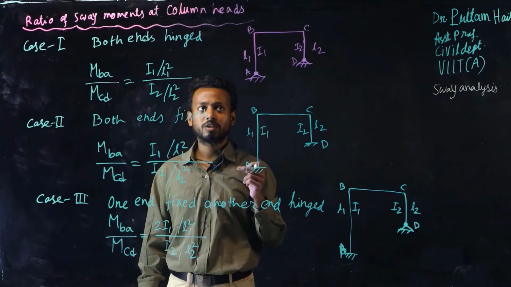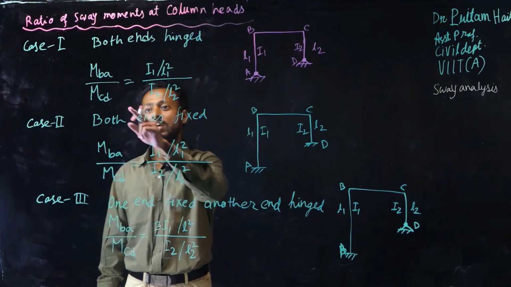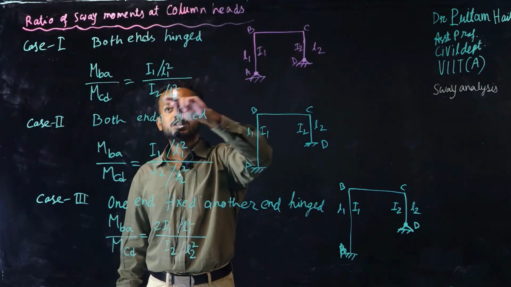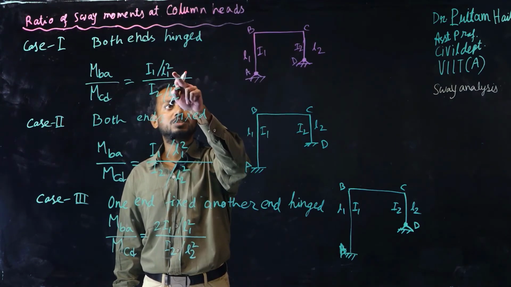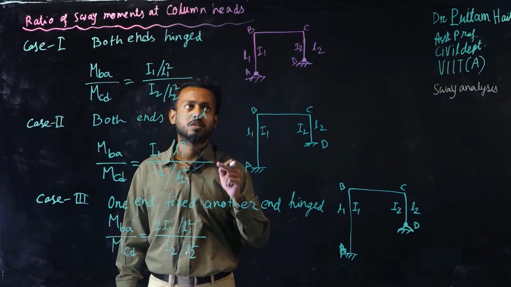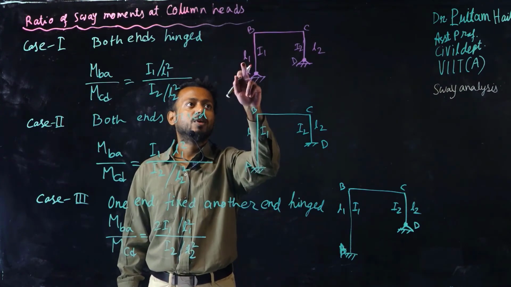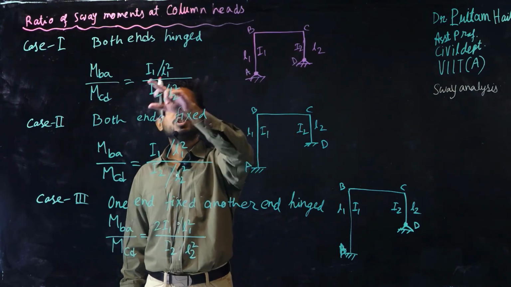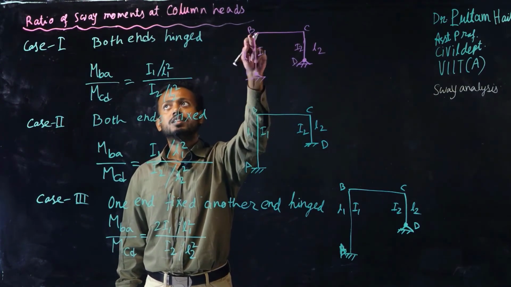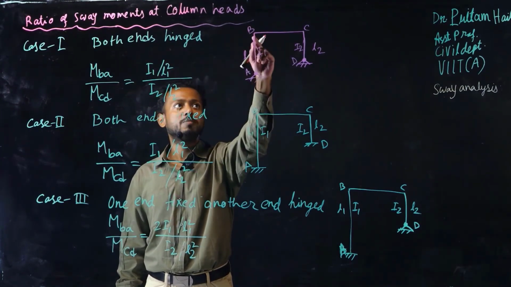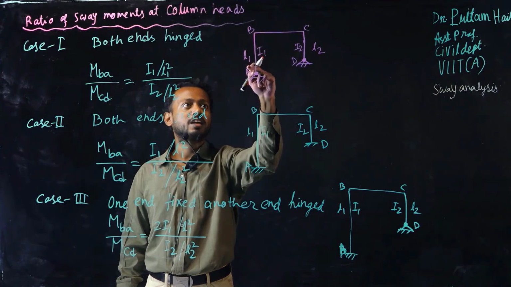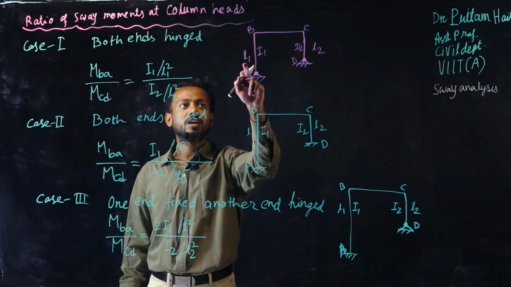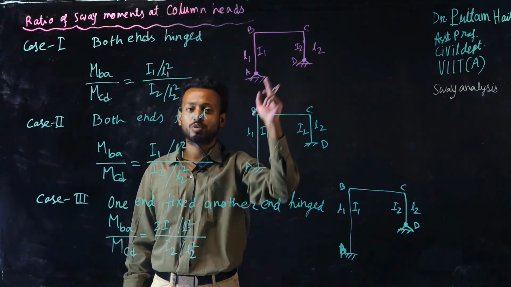The ratio MBA to MCD will be I1 by L1 square divided by I2 by L2 square. So the ratio of sway moment at the column head, MBA to MCD, will be I1 by L1 square divided by I2 by L2 square.